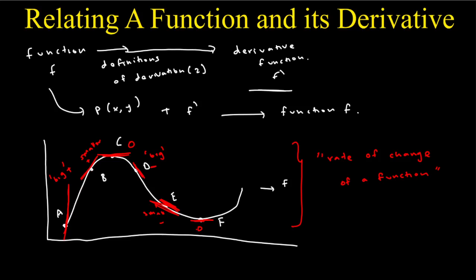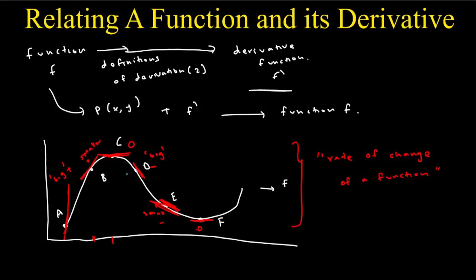At point B, our function is increasing, but at a slower rate, so it takes a longer interval to grow a smaller amount. At point C, our rate of change is 0, so it's not growing at all. And at D, it's decreasing at a fast rate, so a small change in x leads to a very large negative change in y. And it continues on like that.